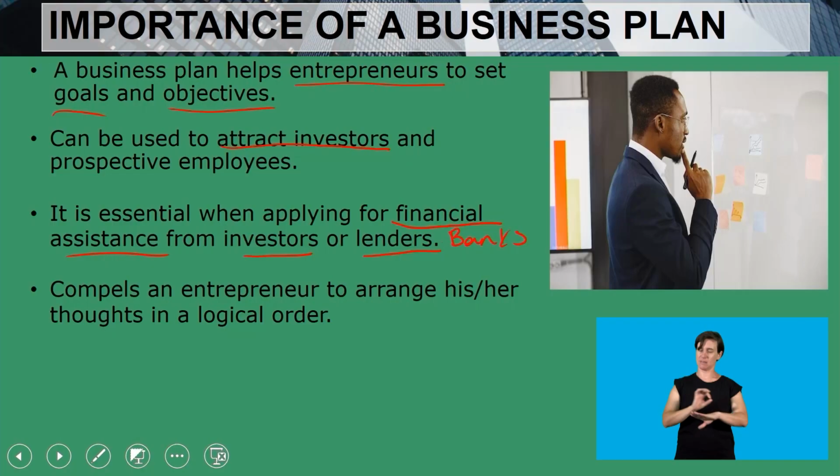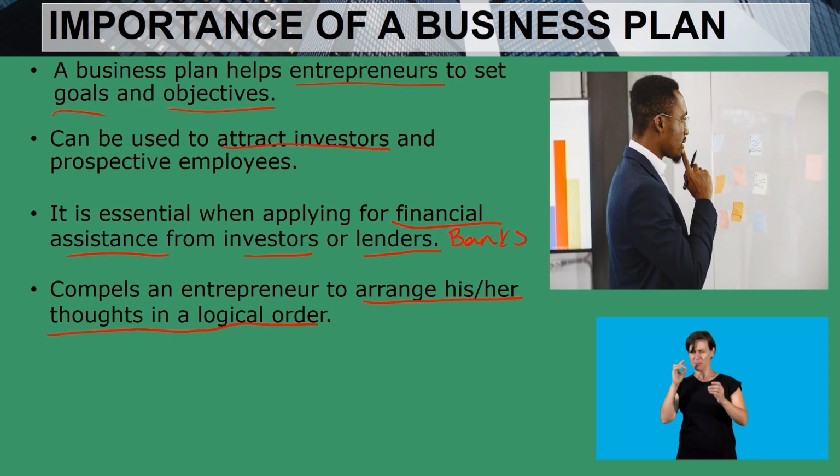It can be a soft copy or a hard copy, but they want to see it to know who this person is and what their goal or objective is in terms of the business. So if you want to be taken seriously as a prospective businesswoman or businessman, a business plan should take first priority. It compels an entrepreneur to arrange his or her thoughts in a logical order.